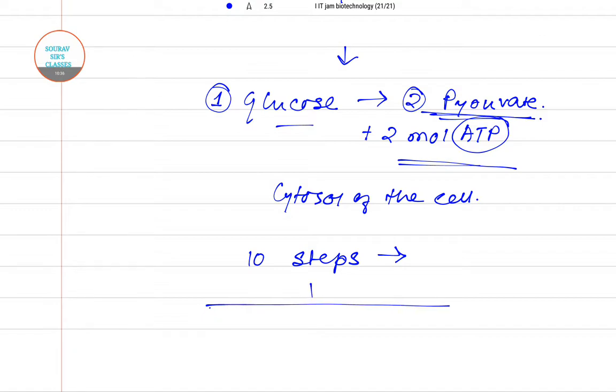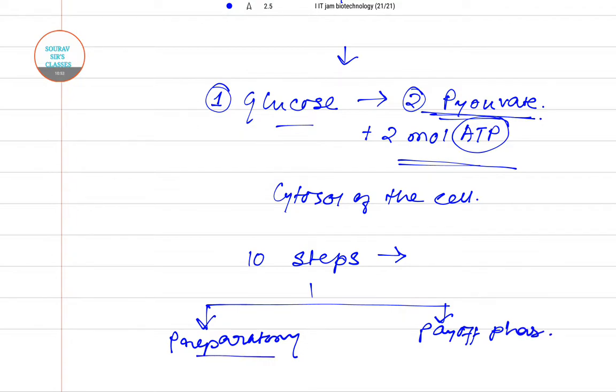First is the preparatory phase, and the other one is the payoff phase. The preparatory phase requires ATP, that is, it needs ATP from outside. And in the payoff phase, there is the production of ATP.